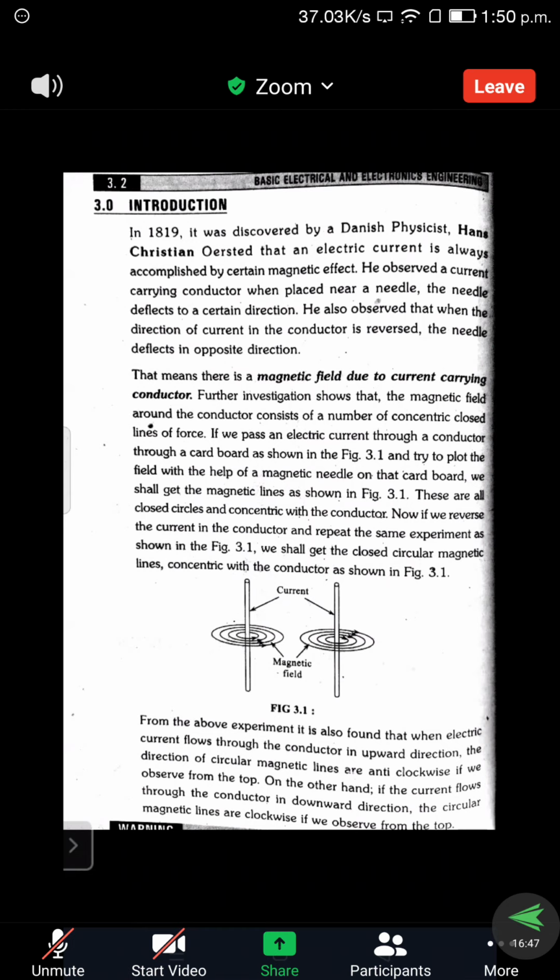He made this discovery in 1819. Before that, in most cases, permanent magnets were used as magnetized energy to produce electrical energy or any other energy.